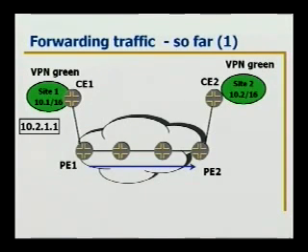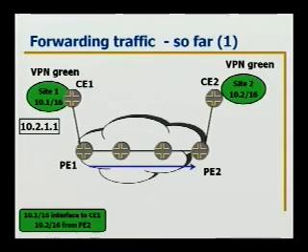So the traffic arrives from CE1 to P1, and based on the interface over which this traffic arrives, P1 knows that this traffic belongs to VPN Green, so it goes ahead and looks inside the forwarding table for VPN Green. It says, oh, okay, this is an address in the 10.2/16 range.